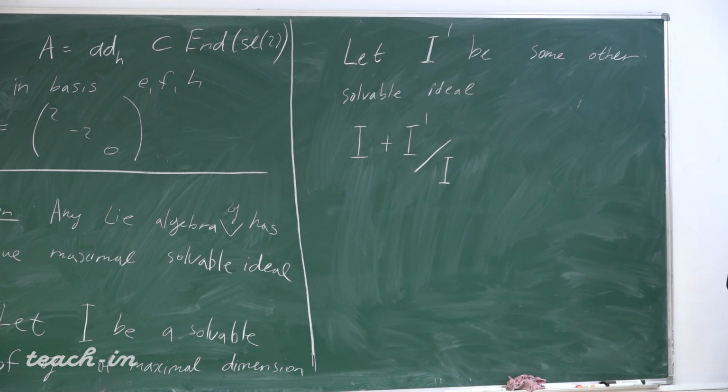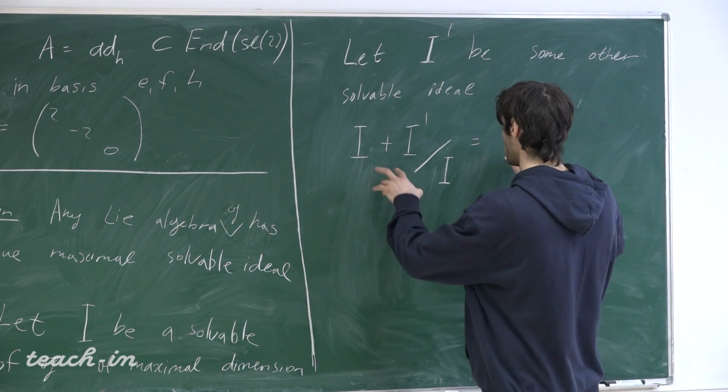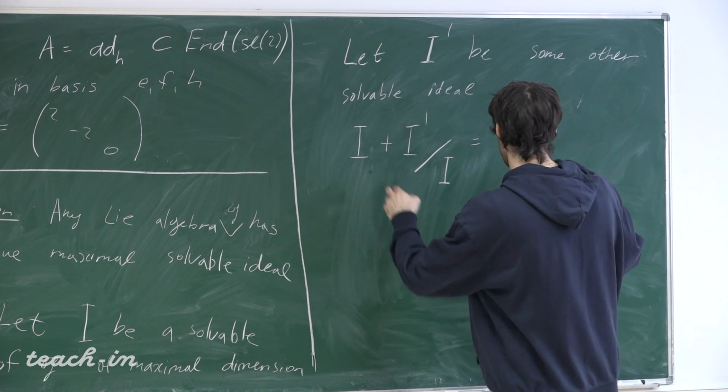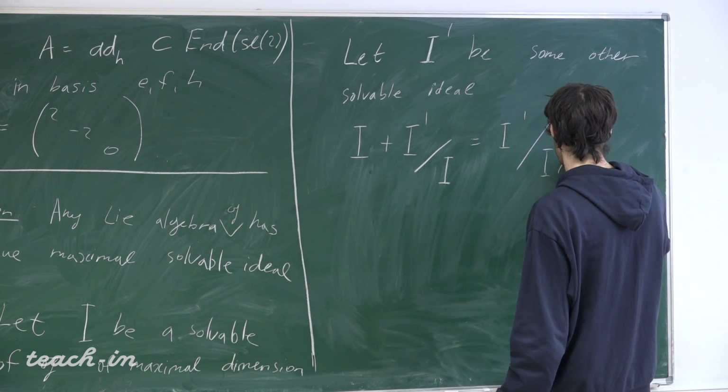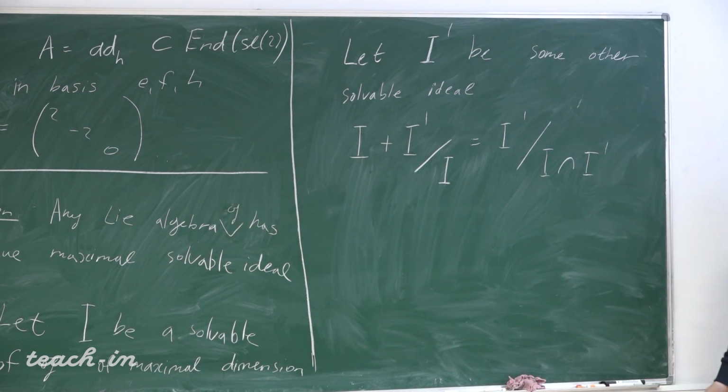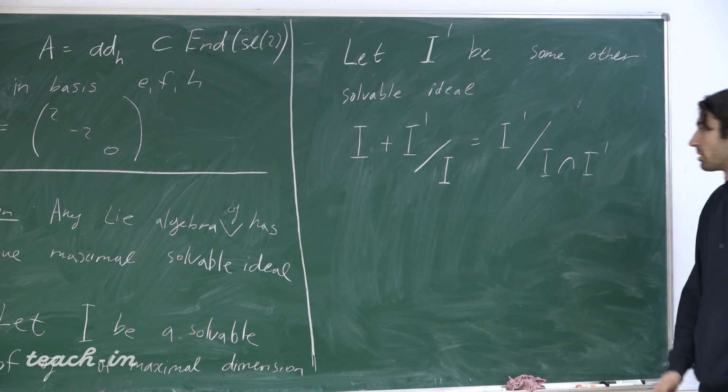Sorry, say it again. Why is the result of this operation not just I prime if we factorize with respect to I? No, it is not a direct sum. They can intersect. So that's the point. So it is actually I prime by the intersection with I. If they don't intersect, then the result is I prime.